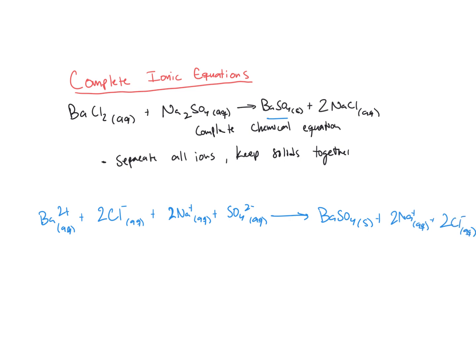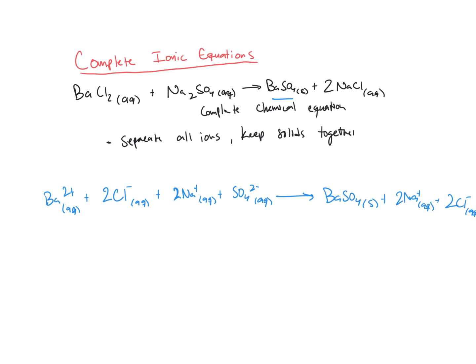Now, you may be wondering, Dr. Reda, why would I want to separate all of these out? Well, in a lot of reactions, we have ions that don't necessarily do anything, or we don't necessarily care about what the chemistry is happening there. What we can get from this is known as a net ionic equation.